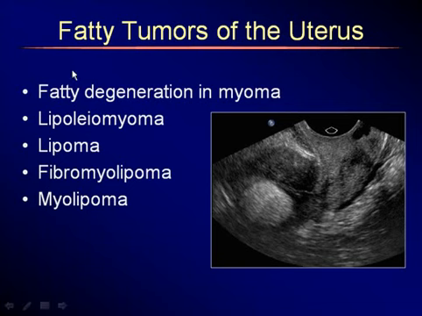When you see a hyperechoic mass, and you can prove on CT that it's fat, this could be fatty degeneration in a myoma. It could be a so-called lipoleiomyoma with lipo and myo elements. It could be an actual pure lipoma. Could be a fibromyolipoma with fibrous, myo, and lipo elements, and myolipoma, any kind of combination that you can think of with the lipoma.